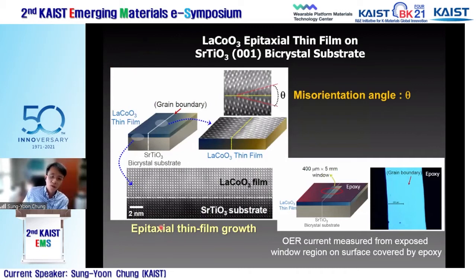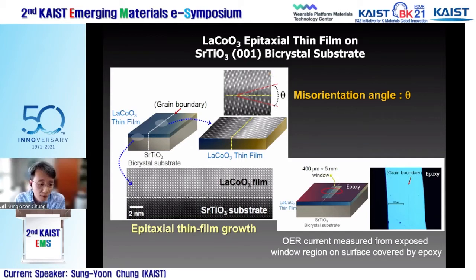To confirm the effect of the grain boundary, we carried out another model experiment by using a bicrystal substrate. A bicrystal means two crystals in contact, and one single grain boundary is obtained by using such a bicrystal.